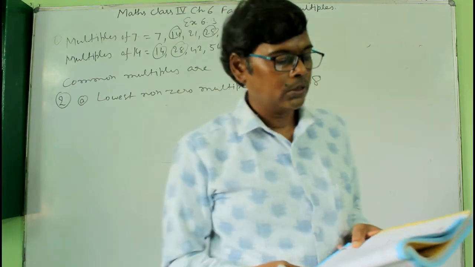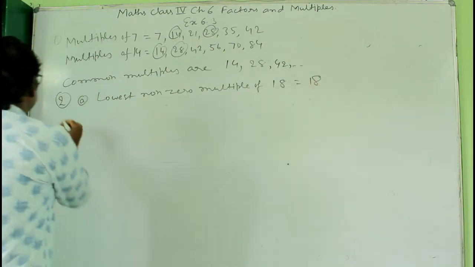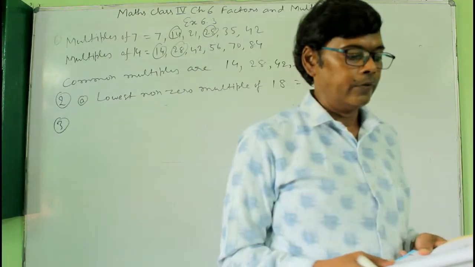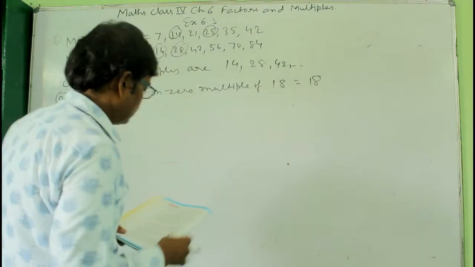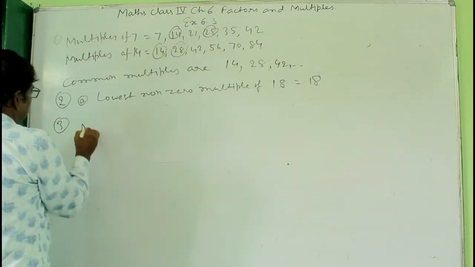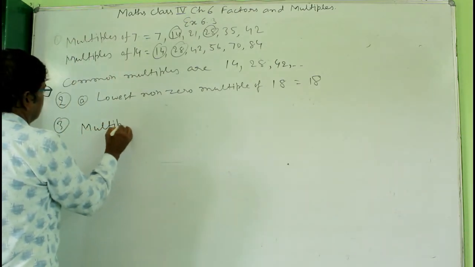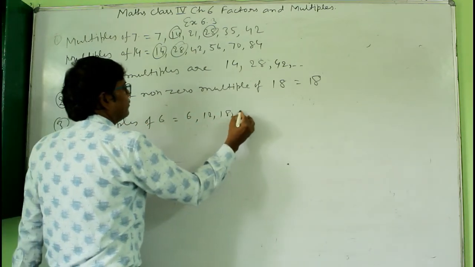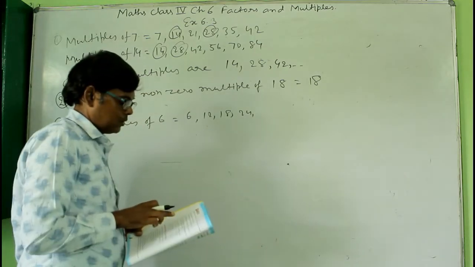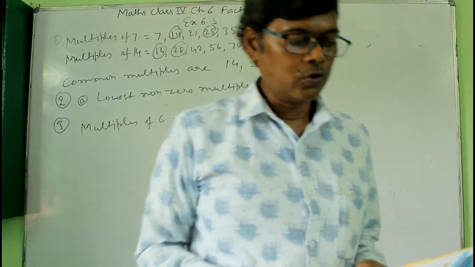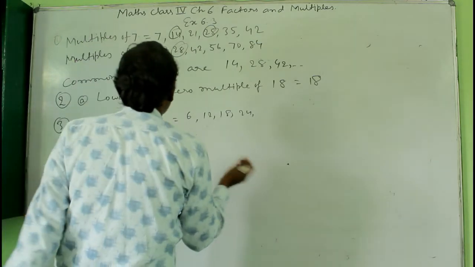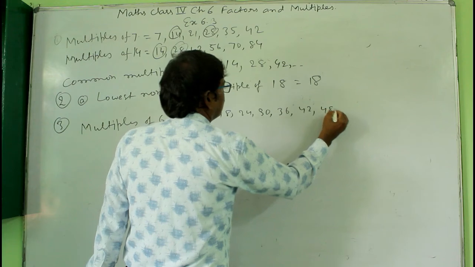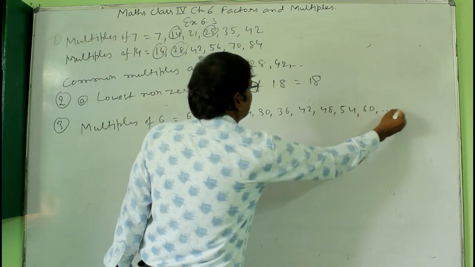Okay, then question number 3 I will do. Find the first 4 common multiples of 6 and 12. Okay, and what is their LCM? So first write the multiples of 6, and so on.